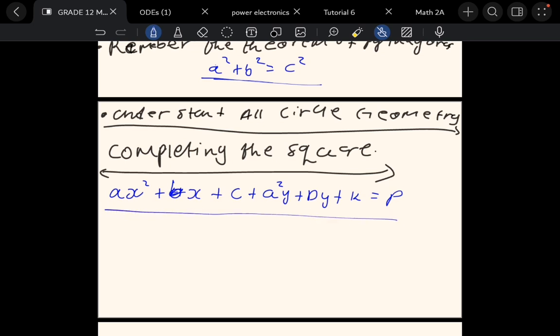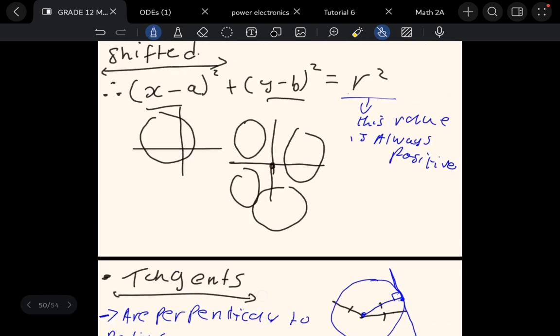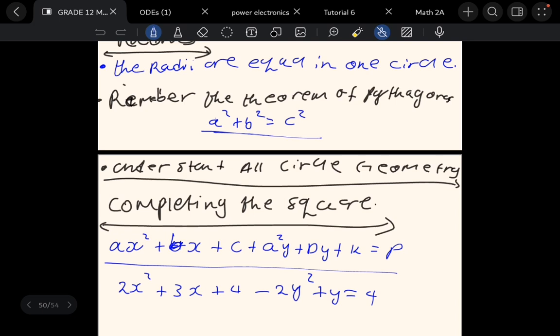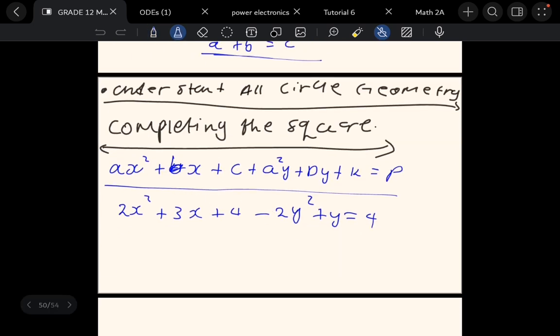you are asked to find the equation of a circle in this form. Take for example 2x squared plus 3x plus 4 plus 2y squared plus y is equal to 4. They ask you to find the equation of the circle in this form, but they gave you something like this. So if they gave you something like this, one thing that you need to take note of: x squared and y squared have the same coefficients. You understand?